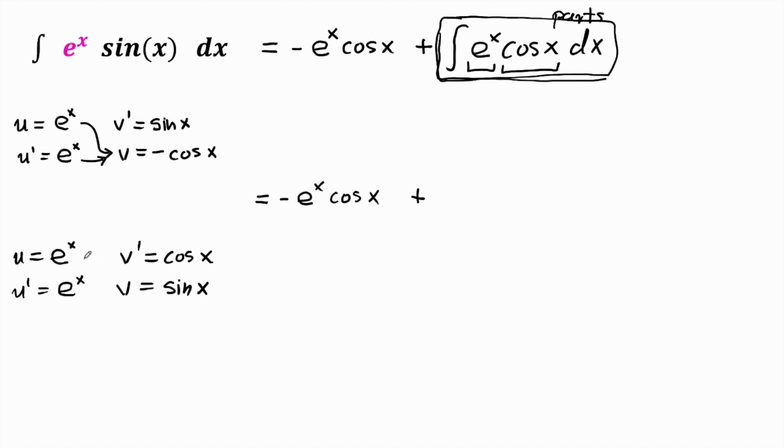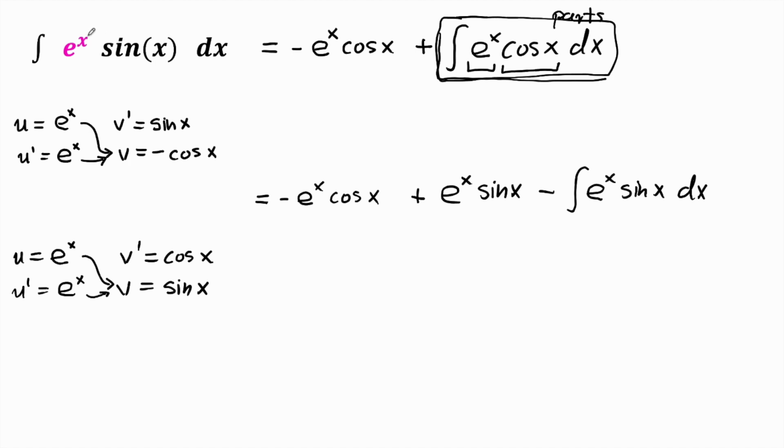So this is going to be equal to u times v, which is the exponential function times sine x, and then we'll have minus the integral of u prime times v. So e to the x times sine x dx.